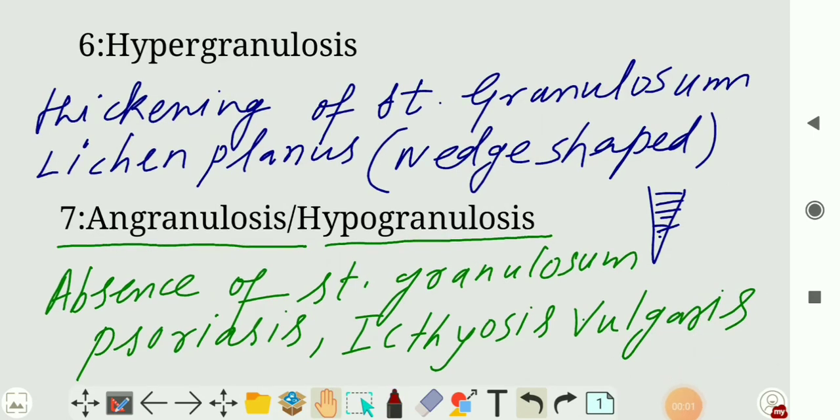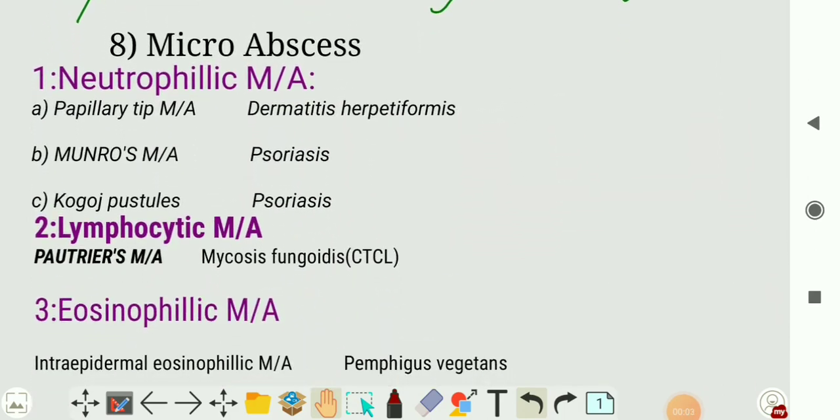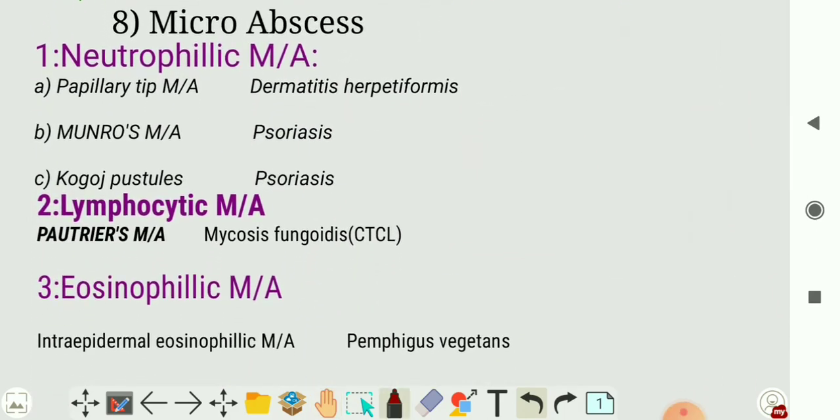Now let's move on to another histopathological finding, that is microabscess. Micro means small and abscess means collection of cells. Therefore, the microabscess is the collection of any type of cells. This microabscess can be of various types: neutrophilic microabscess, lymphocytic microabscess, eosinophilic microabscess.